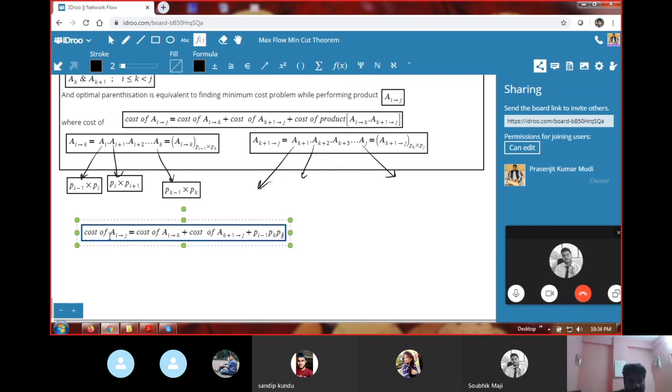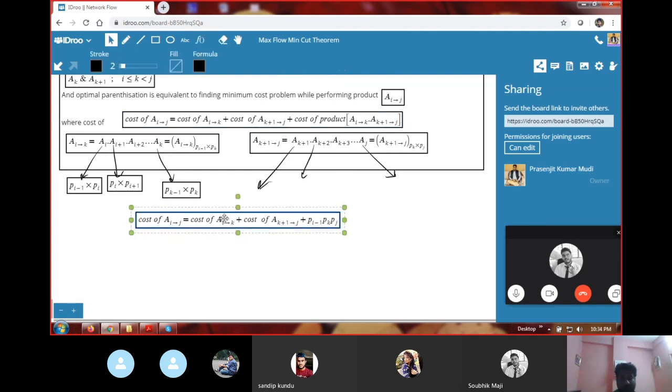So this is the revised cost by computing the A i j product: cost of A i k, cost of A k plus 1 to j, and P i minus 1 P k P j. This is the final model or formulation of the cost.